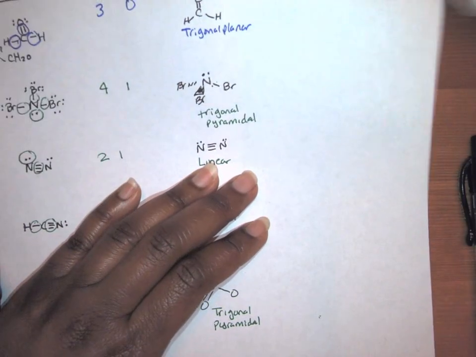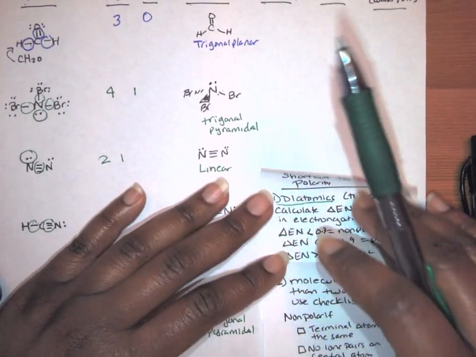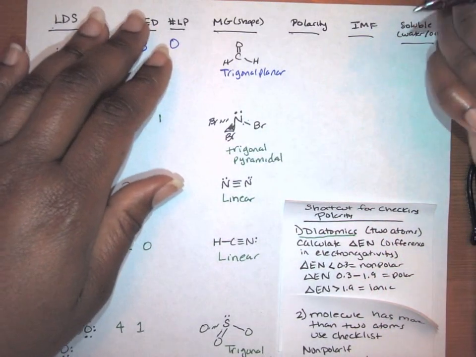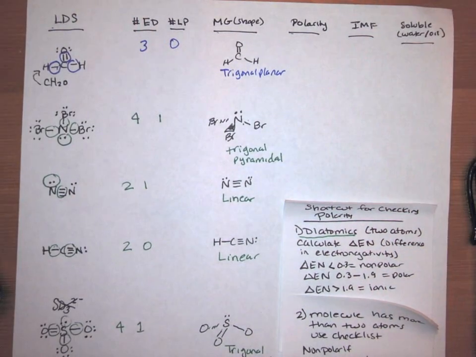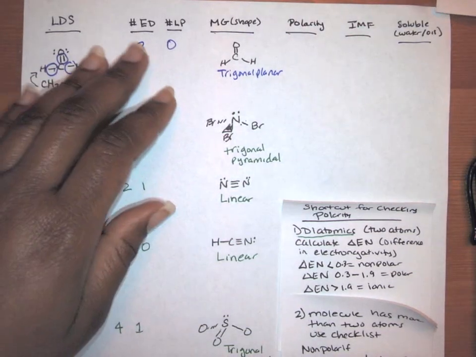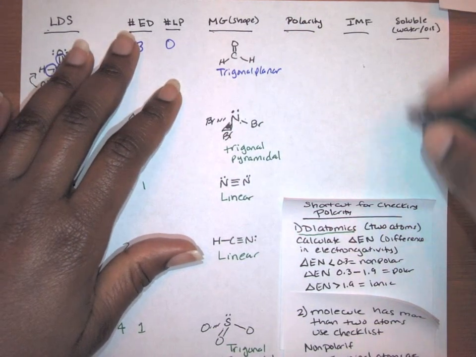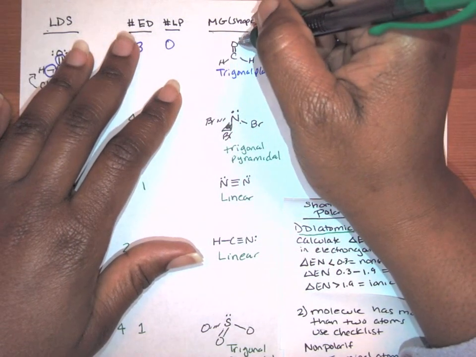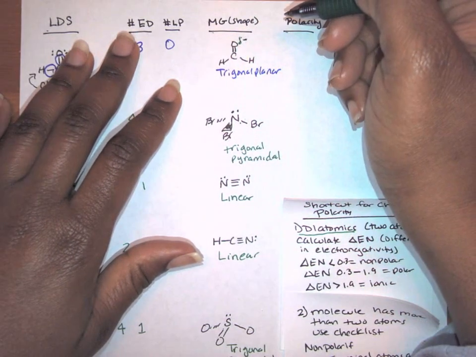All right, so let's look at how we can predict the polarity. For a couple of them I'll show you using the partial positive, partial negative symbols and bond dipoles, and then using the shortcut. If we use the partial positive, partial negative, in this carbon-oxygen bond, oxygen is the most electronegative, so I'll put a partial negative symbol near it.